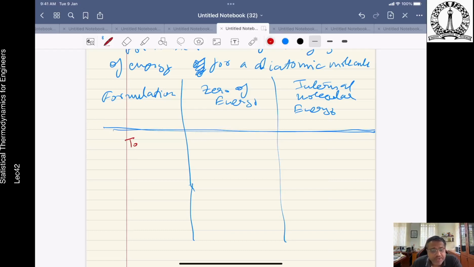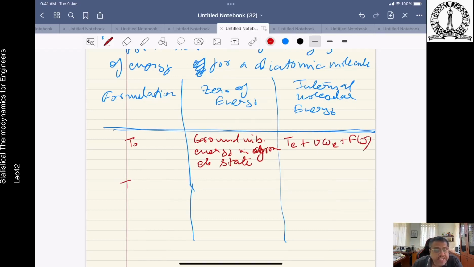The zero of energy is the ground vibrational level, the ground vibrational energy in the ground electronic state. Internal molecular energy therefore becomes T plus omega E, plus F J.